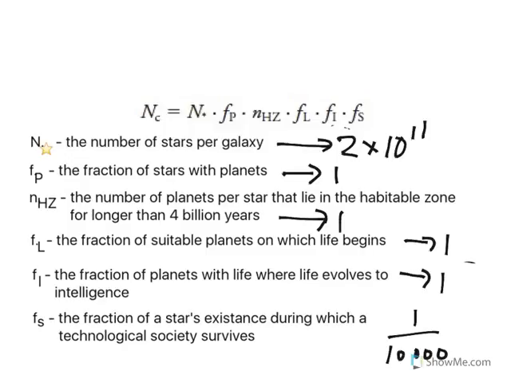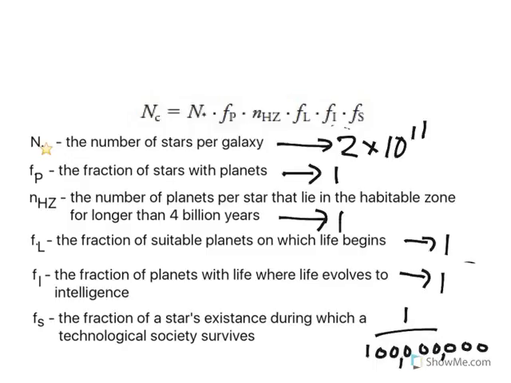That's the optimistic. In other words, there's a high probability that the society will not survive. You'll also have to take into account the amount of time that the star exists, because young stars die sooner and older stars live longer.